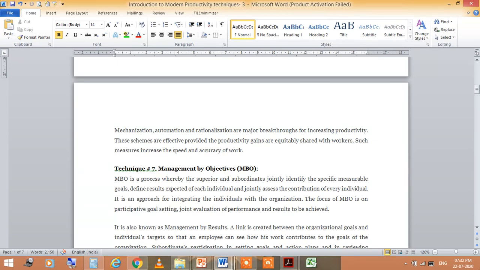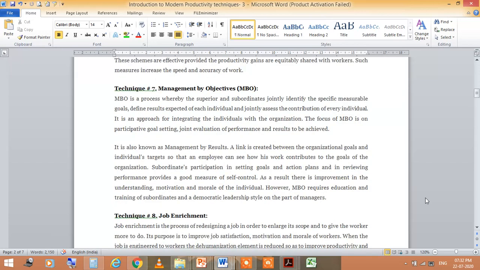Another technique is management by objectives, that is MBO. This is important. You may be asked this as a short note also, MBO. This MBO is the process whereby the supervisor and subordinates jointly identify specific measurable goals, define results expected of each individual, and jointly assess the contribution of every individual.